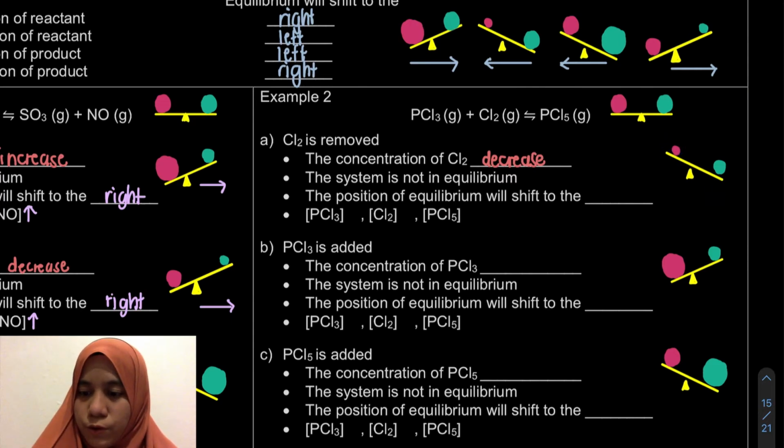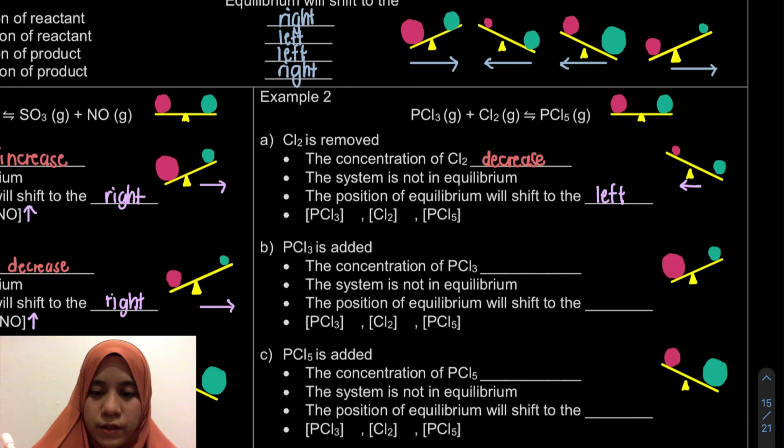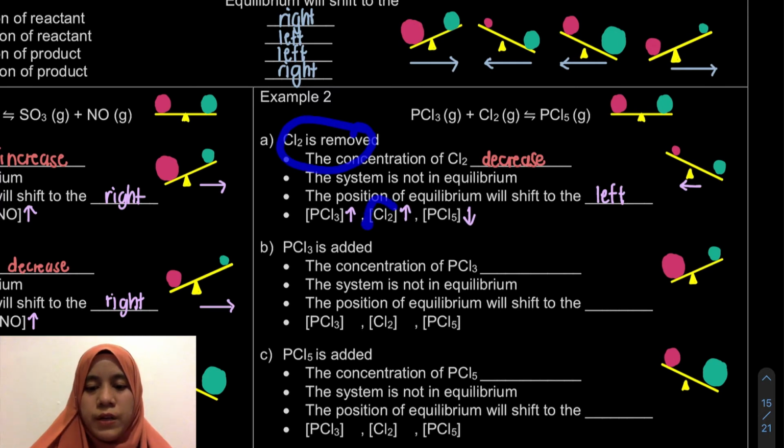First, kita tunjuk dulu. Yang ni akan shift to the left. So, bila dia shift to the left here, so what would happen is that, yang ini, PCl5 ni jadi PCl3 dengan Cl2. So, PCl5 ni akan berkurang, sebab dah bertukar jadi reactant lah, PCl3 dengan Cl2. So, tengok. So, di disturbance tu, dia dah counter back dah.